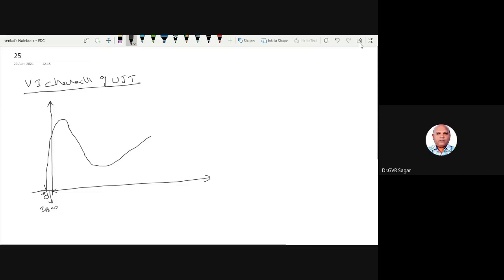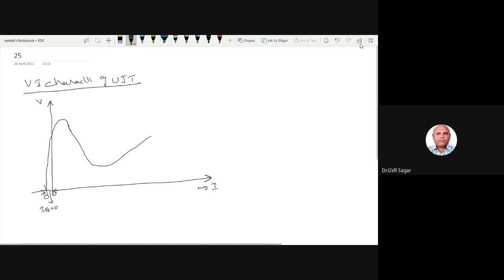This is the voltage axis here, voltage, and this is current I. I am taking current on x-axis. Be careful. The current is on x-axis. Voltage is on y-axis. Right? So when cutoff region occurs, no question of any voltage is present. Right?